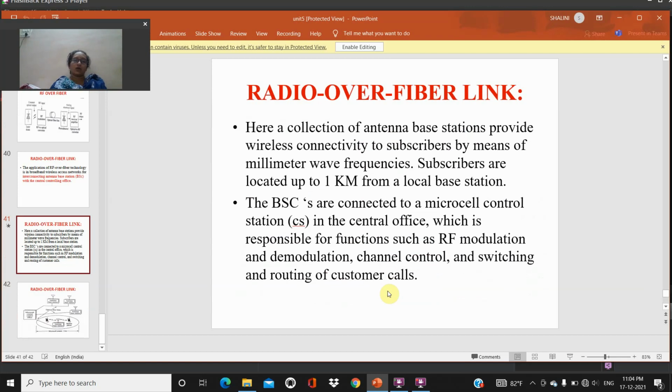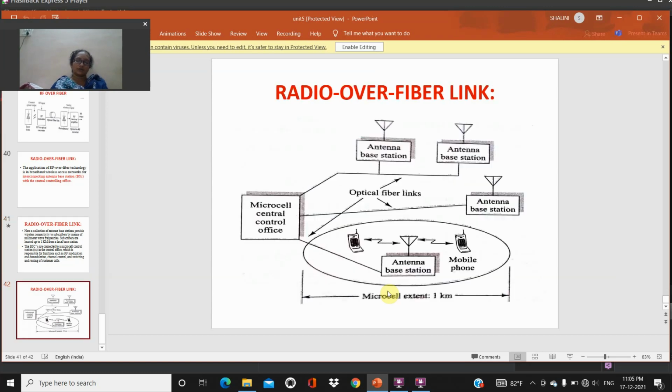The subscribers are located up to 1 kilometer from a local base station. The base stations are connected to a microcell control station in the central office, which is responsible for functions such as RF modulation and demodulation, channel control, and switching and routing of customer calls.